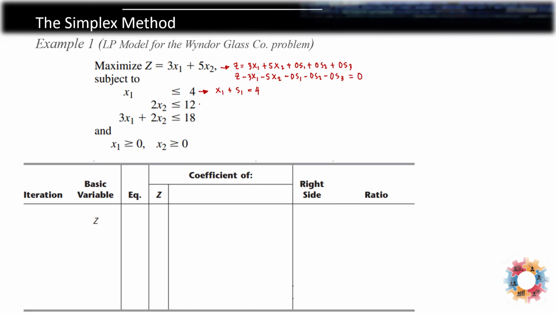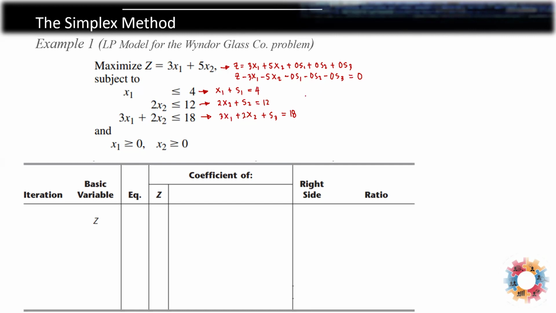And the second functional constraint will be written as 2x2 plus another slack variable we call s2 equals 12. And then the third functional constraint, 3x1 plus 2x2 plus the third slack variable s3 equals 18, right?